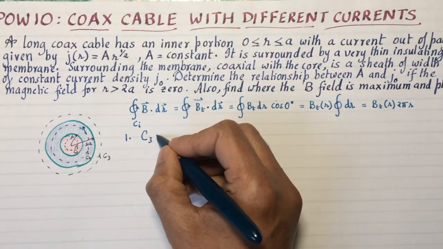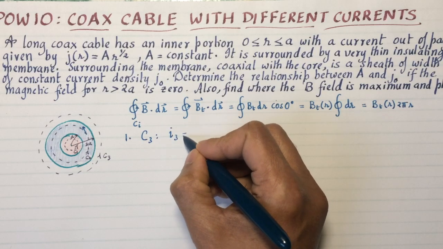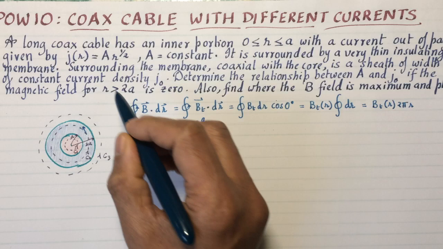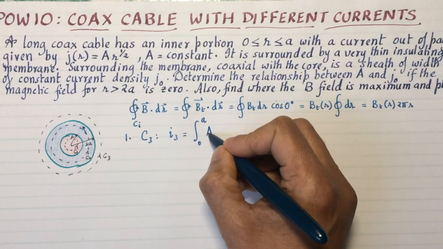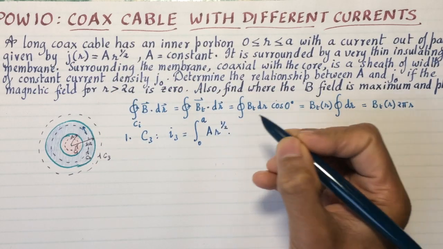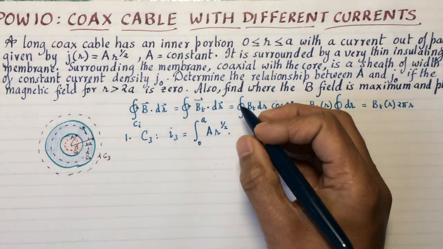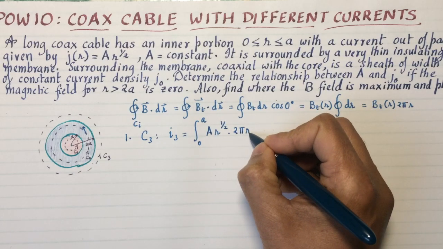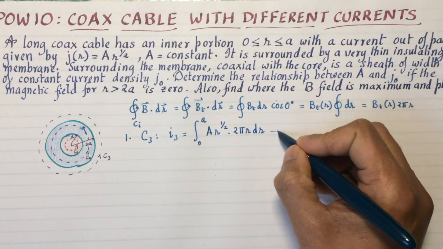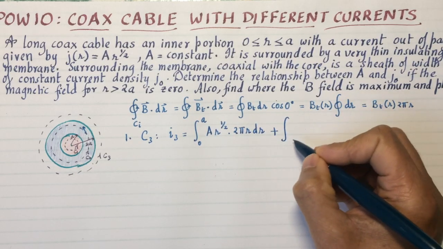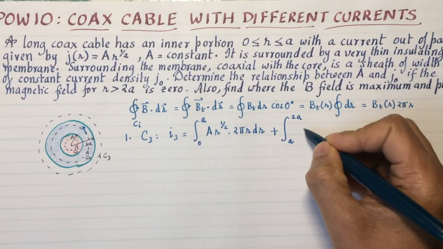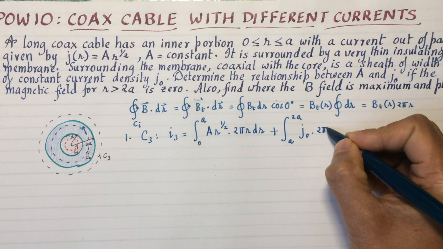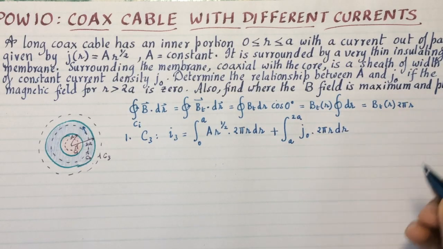So for loop C3, the enclosed current I3 is given by the integral from 0 to a of the first current density times the area element in cylindrical coordinates, and that's going to be 2 pi r dr. And then from a to 2a, you have a constant density J0 times the same area element, 2 pi r dr.